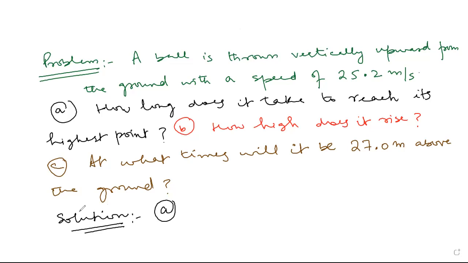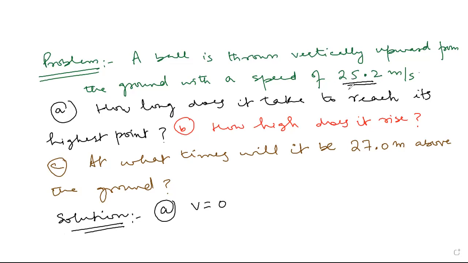You can see when ball is thrown vertically upward, at its highest point, its velocity passes through the value 0. So our final velocity v is 0 and v0 is given.